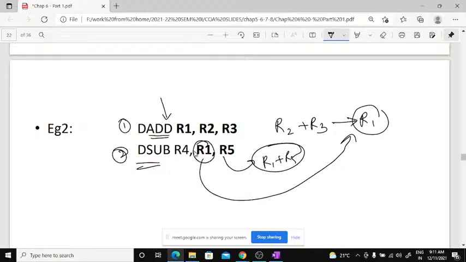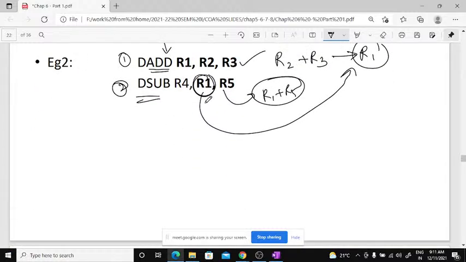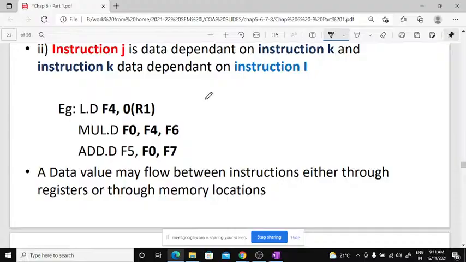So there is a dependency. In parallel execution for a 5 stage pipeline, the first instruction takes 5 cycles to execute, and the second instruction fetches the operands in parallel, so it won't get the updated value. It has to wait.